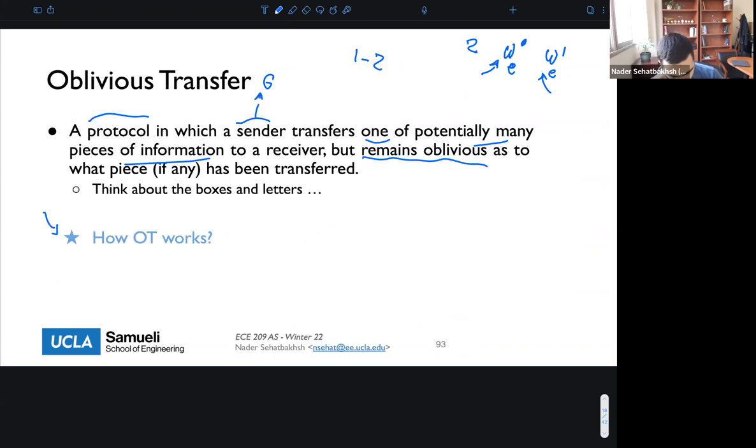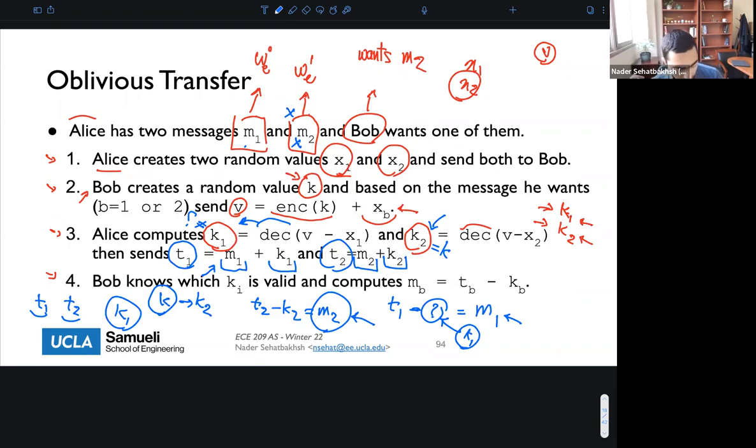So remember, going back, what oblivious transfer wants to do is that a sender transfers one of potentially many pieces of information to a receiver, but remains oblivious as to which piece of information has been transferred, right? And this way we have shown Alice has 2 pieces of information, M1 and M2, but does not know whether Bob has selected M1 or M2, right?